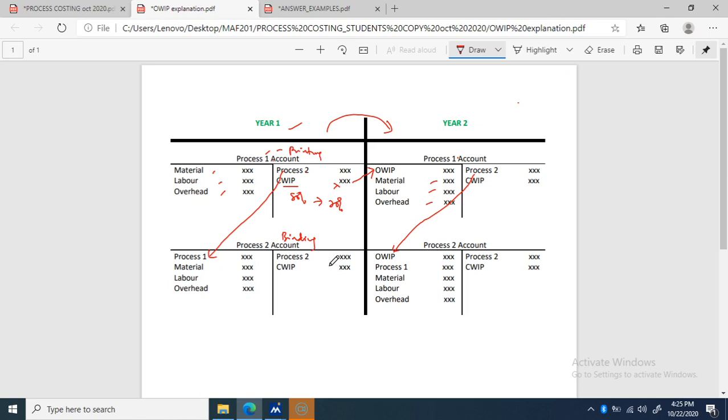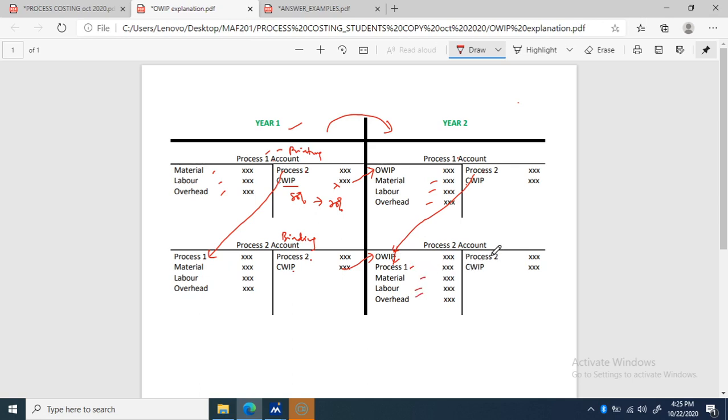P2 is also binding, and after we finish, if there is partly completed binding, we have to continue in the next accounting period. So from P1 in year 2, we need to further process for binding. You transfer from process 1 to process 2, and we need more material, labor and overhead.